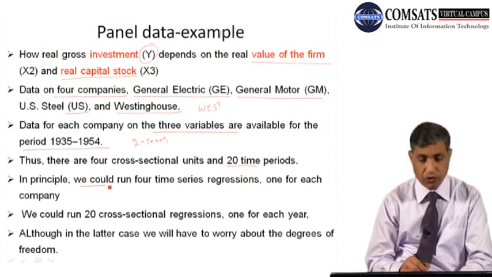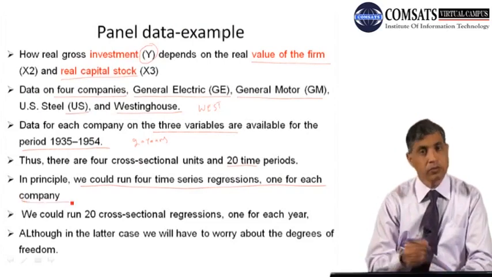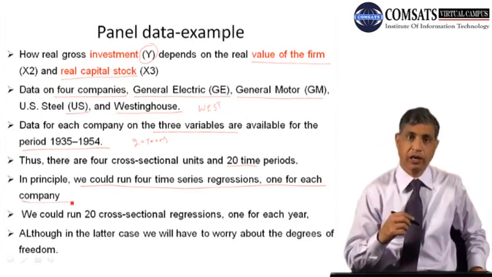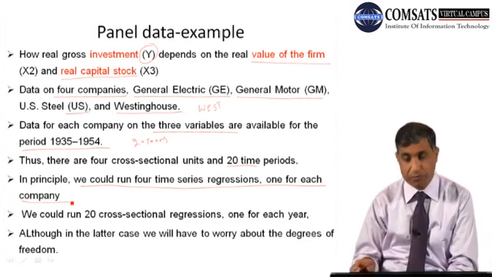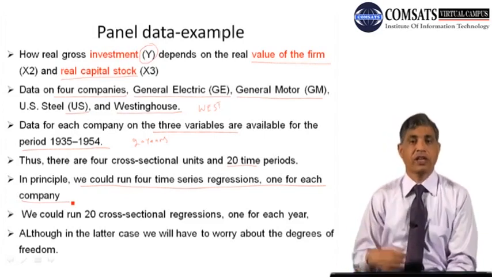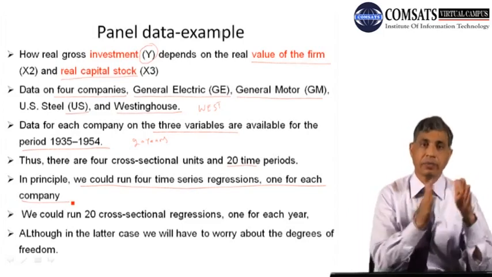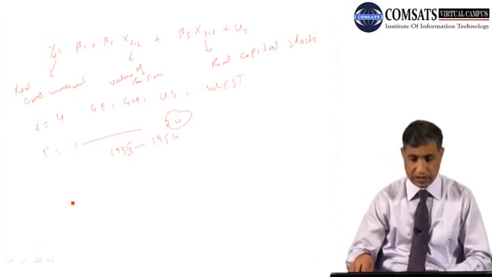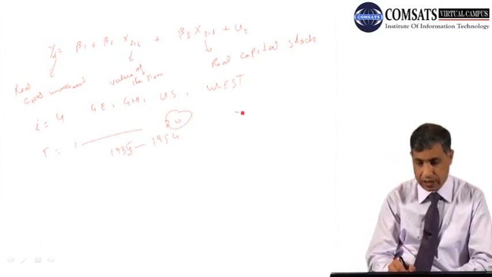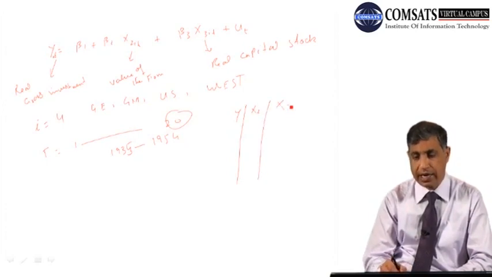In principle, we could run 4 time series regressions, 1 for each company. On the basis of our previous literature and experience, it is very simple to run the OLS regression. What this means is, take the observations of each company separately. For every company you have 20 observations. For example, say this is Y, this is X2, this is X3, and this is data for General Motors.